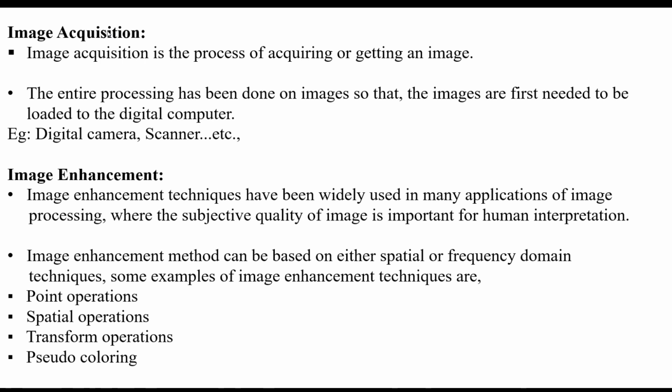Then only can you modify it. That is the sense here. Image acquisition is nothing but getting an image from any source, or editing an image. To edit an image, we need an image, so we keep that image in our computer. How do we load it into the digital computer? That is nothing but digital cameras, scanners, etc.